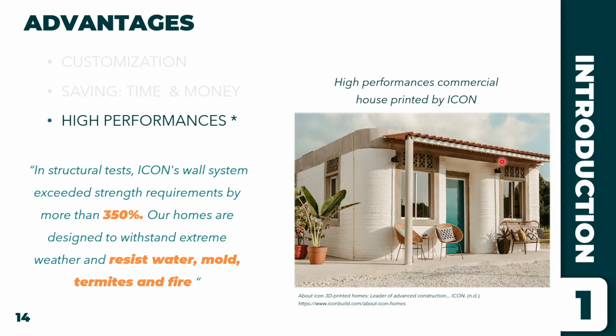And the last one is high performance. According to some tests performed by Icon, their wall system in commercial houses is 3.5 times stronger in mechanical strength compared to a normal brick wall, and is more endurable against fire, water, and extreme weather.